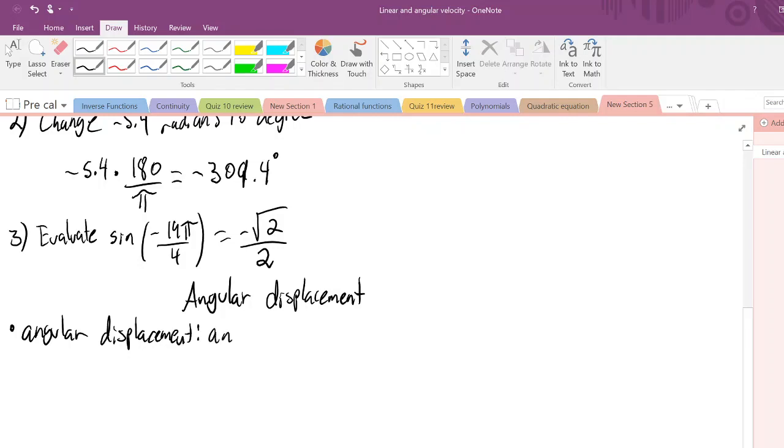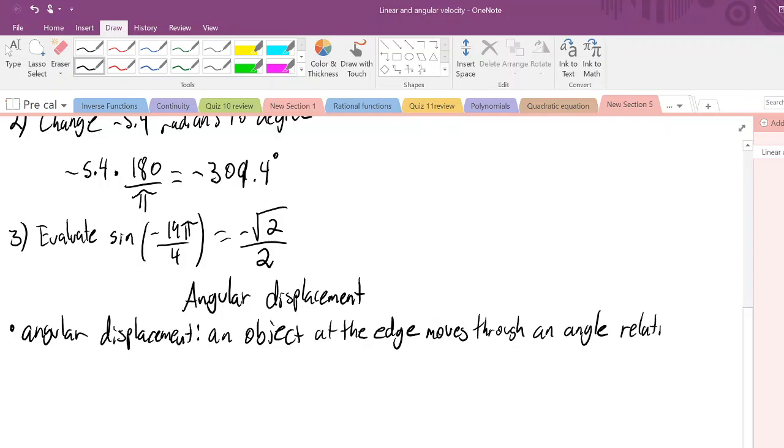It's an object at the edge moves through an angle relative to its starting position.